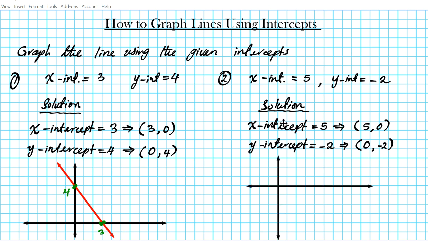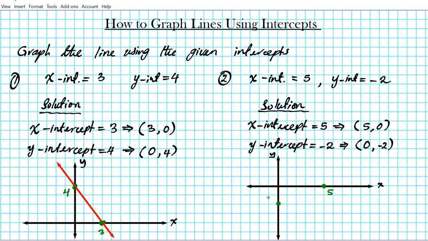All right, so we have our coordinate system. We're now going to go ahead and graph our intercept. So this is our x-axis, that's the y-axis. Let's graph the x-intercept first. So the x-intercept is 5, 0. So you count 5 on the x-axis. 1, 2, 3, 4, 5. So you have the point right here. X equals 5. And then the y-intercept is -2. So you're going to count down starting from 0, your origin. You go down 2 on the y-axis. 1, 2.